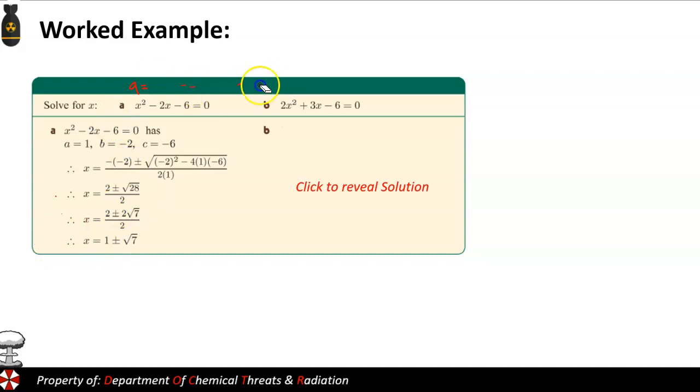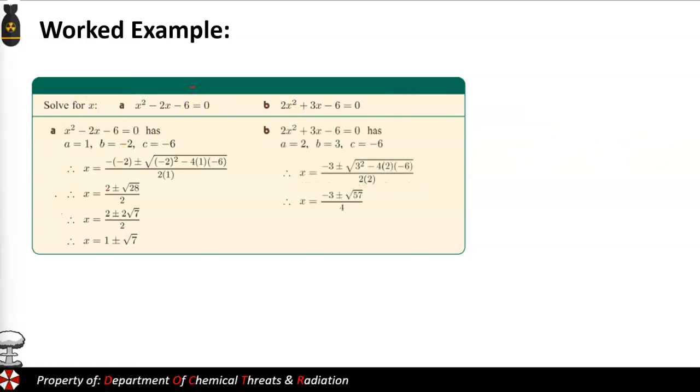Just pause the video now and have a go at part B before I give you the answer. Again, we need to identify what our a, b, and c are. So a is 2, b is 3, c is minus 6. So the negatives or positives apply to those coefficients.